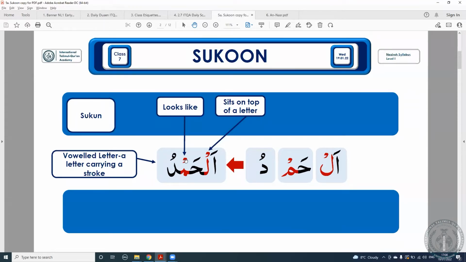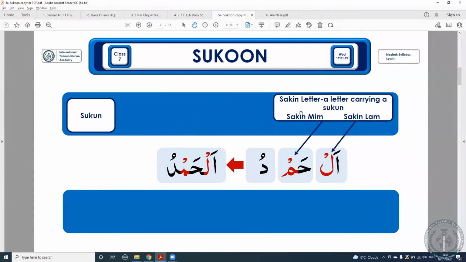So for example, alif over here has a fatha, it's a voweled letter. Any letter carrying a stroke, so any of the strokes that we have looked at before in classes, or inshallah will go on to look at in future classes, so fatha, kasra, dhamma, vertical fatha, inverted dhamma, vertical kasra, these are all types of strokes. So these are called voweled letters or mutaharik letters.